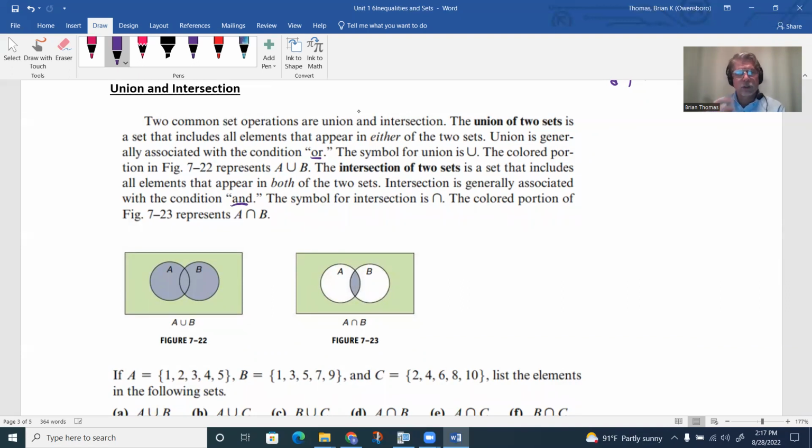So notice that the colored portion in 723 is an intersection. So we have this Venn diagram again where the green represents the whole set. A is a subset of that, and B is a subset of that. And where they overlap would be described as A intersection B.